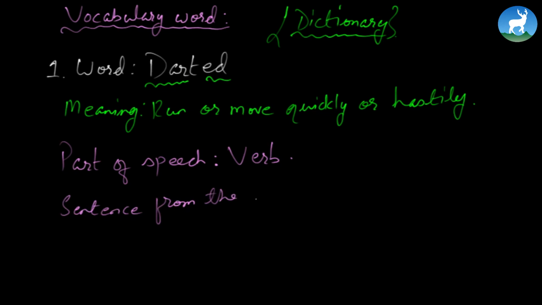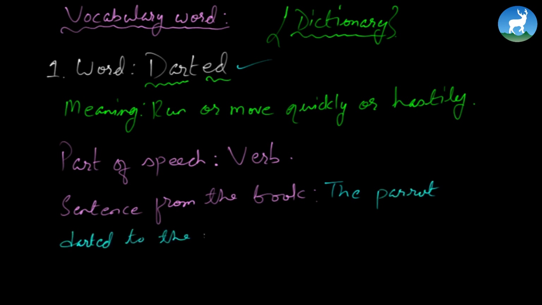from the book. Meaning, in what way is the word darted used in the book? So, if you go to the video, on the 3rd paragraph, you'd see there it's written, he darted to the nearby stream and dipped into the water. So to make an effective sentence, instead of he, we're going to write down the parrot, and we copy as it is. The parrot darted to the nearby stream and dipped into the water.